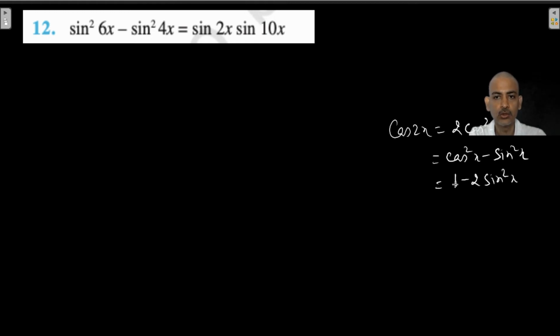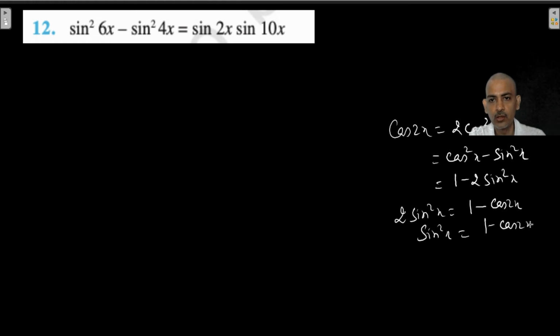So cos 2x had all these ways of writing. So what we can write here is 2 sin square x is nothing but 1 minus cos 2x, or we can write sin square x equals 1 minus cos 2x by 2. We can write it either way, right?